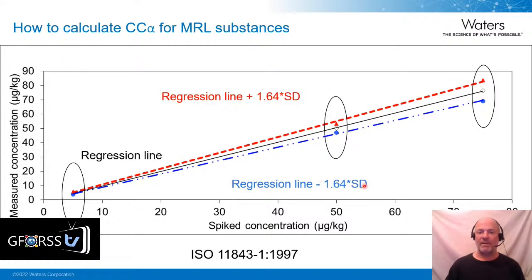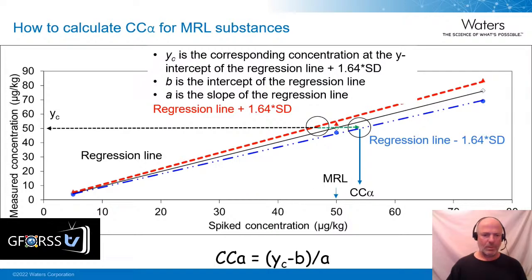At a confidence level of 95%, which is what we need for authorized substances, this gives a so-called coverage or K factor of 1.64 for a one-tailed distribution, hence the value 1.64 in the equation. We can use this equation to calculate CC alpha, and then we can derive these parameters from the graph.